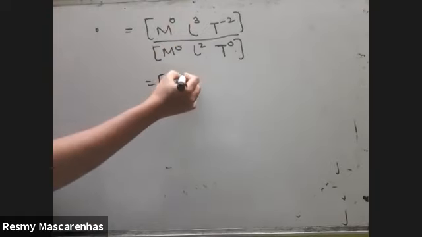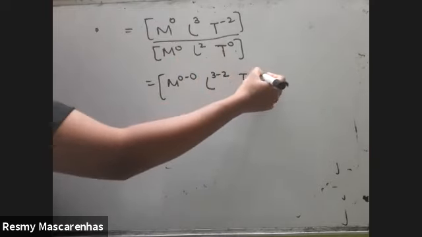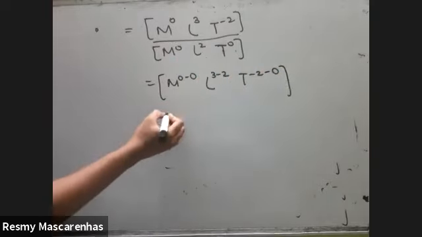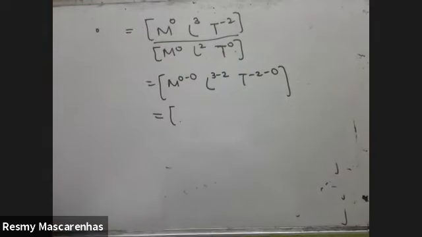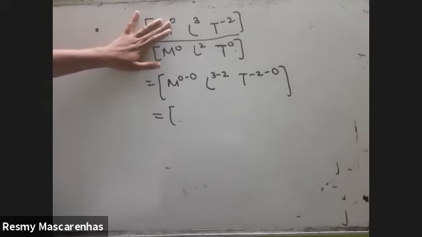So 0 minus 0 is 3 minus 2. I got 3 there. Just check what I got.